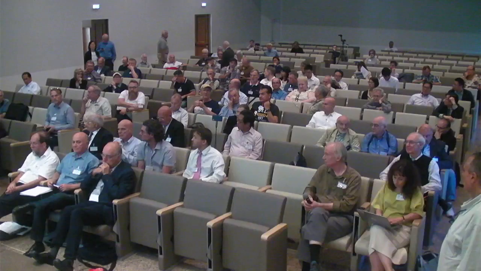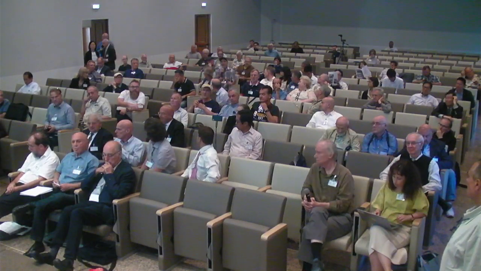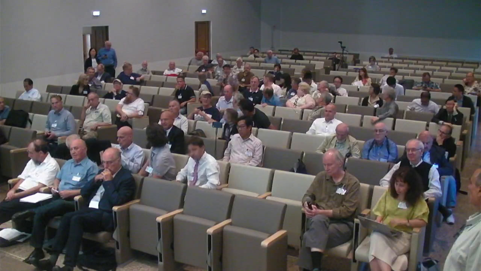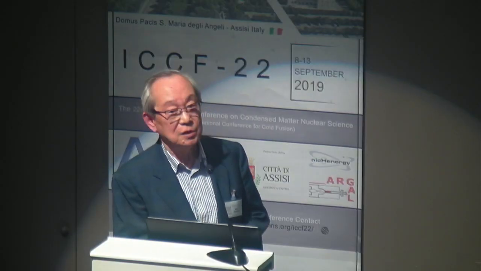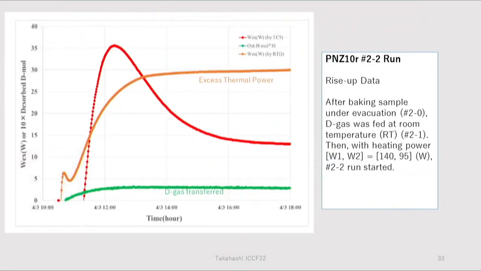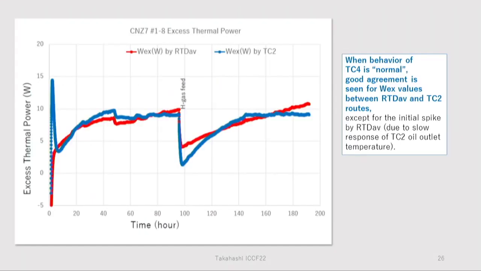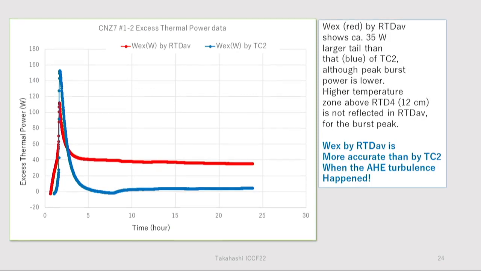You mentioned a shell structure at the beginning of your presentation that you observed, and I'm interested in knowing a little bit more about that. You mean the sample structure? Shell structure of the sample?